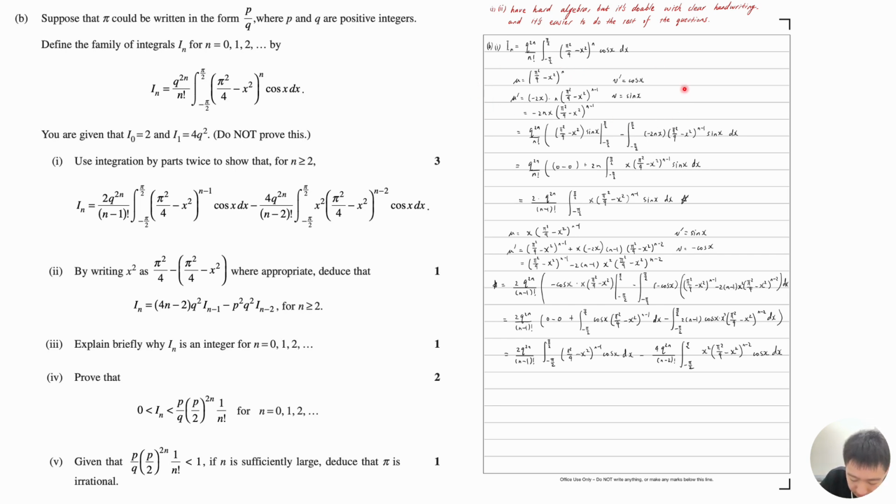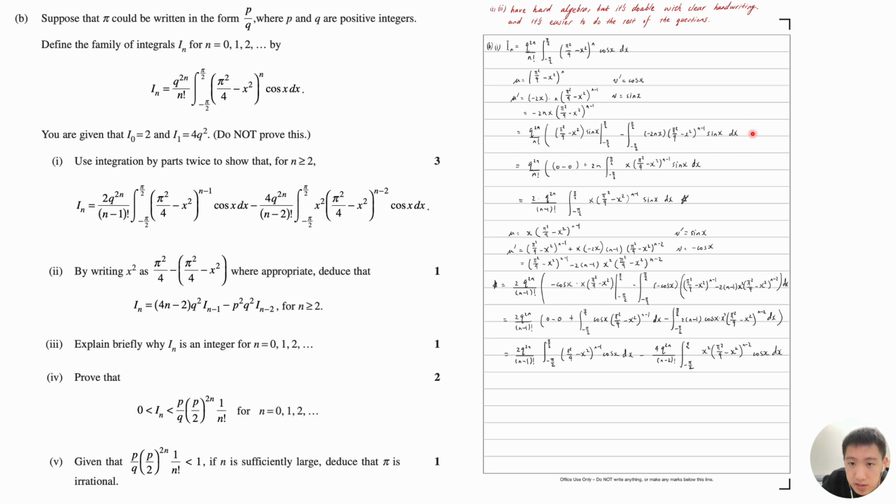For this type, I recommend explicitly writing out u and v. So u is the power of n stuff, and v is the cos stuff. They are two very different functions, so you set it up like this, and you differentiate u and integrate v. It's quite easy, and you get to this step.